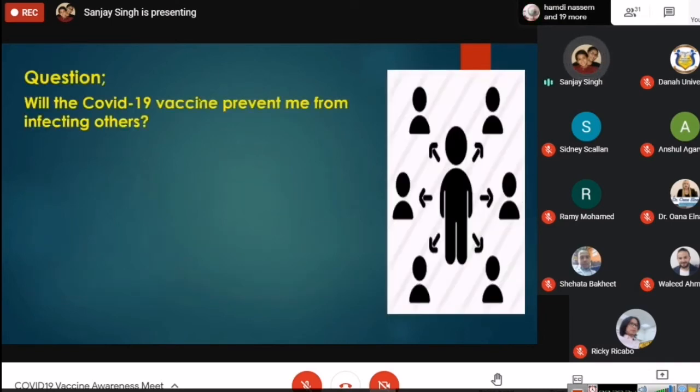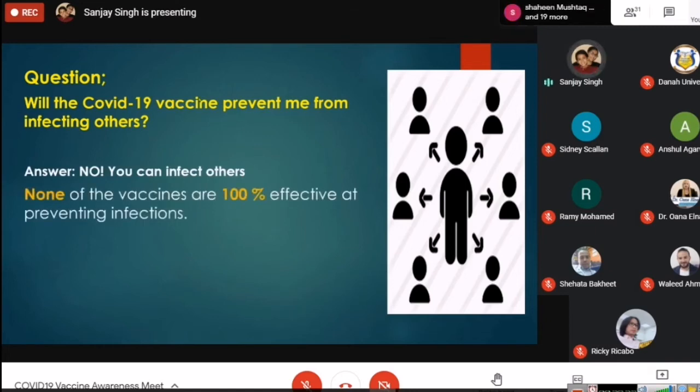Now, will the COVID-19 vaccine prevent me from infecting others? The answer is no. You can infect others, just like people who are asymptomatic can transmit the infection to other people. Up to 40 to 70% of the population are asymptomatic. They get the infection, but they cannot transmit.